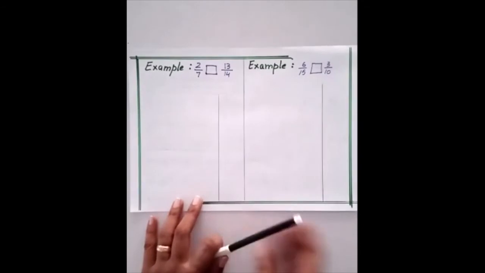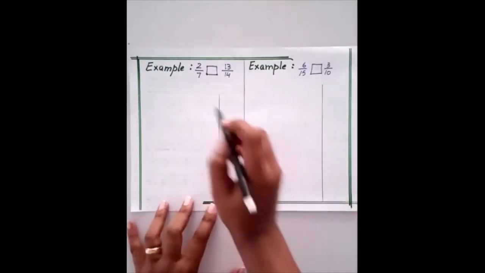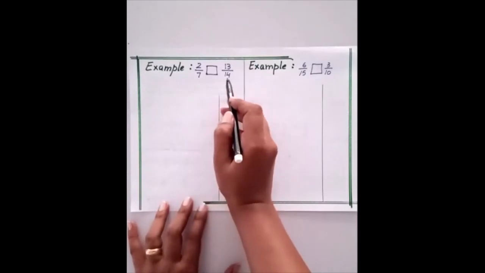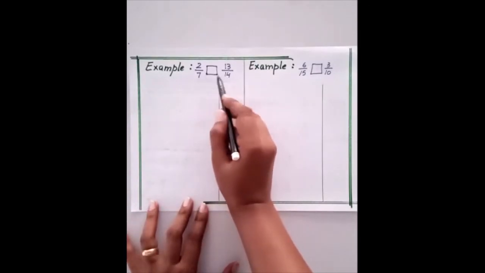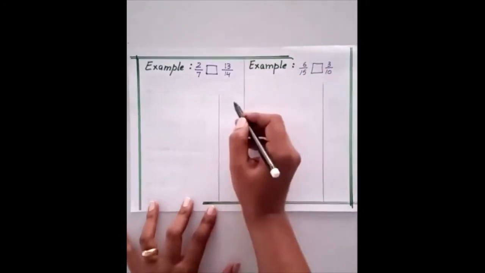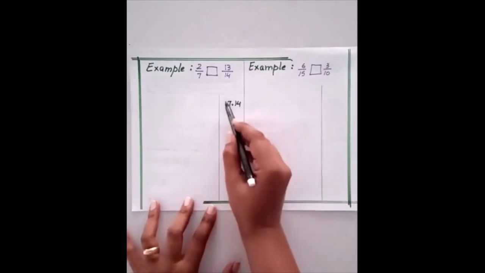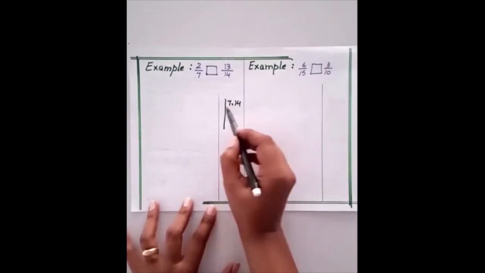We will solve the whole sum here. First we have to take the LCM. 7 and 14 are the denominators. So we will see 7 and 14 here. We will take the LCM.